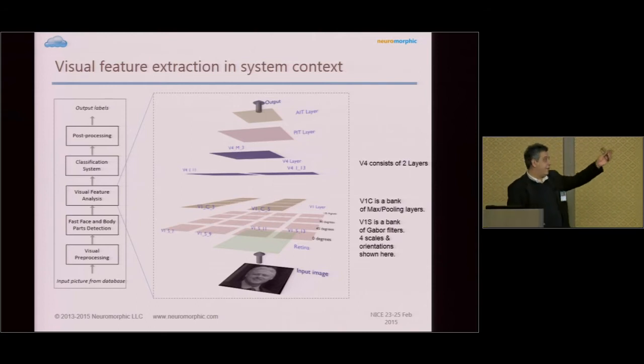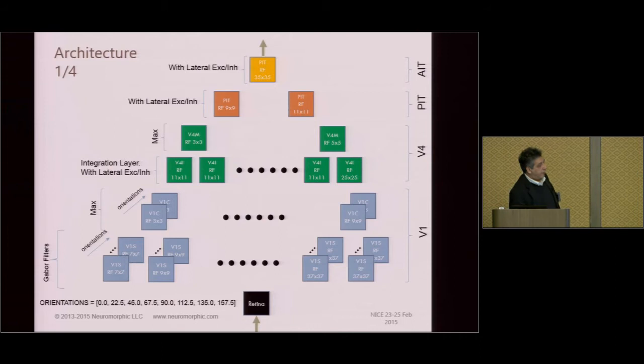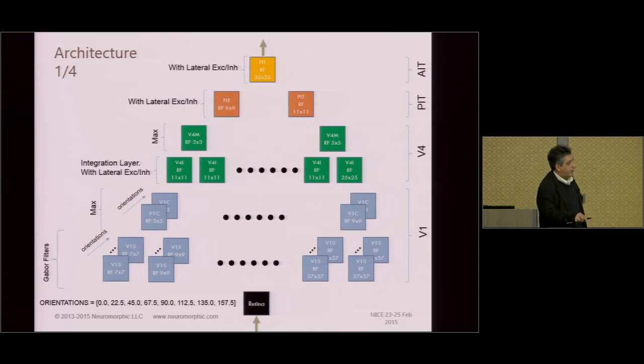And in the system, these features go then through the classification, which is shown here, and then the output of the classifier goes through a post-processing, producing some final labels. So this is another view of the system. So you have the input image. The first two layers, you can think of them as being the first two layers of HMAX.